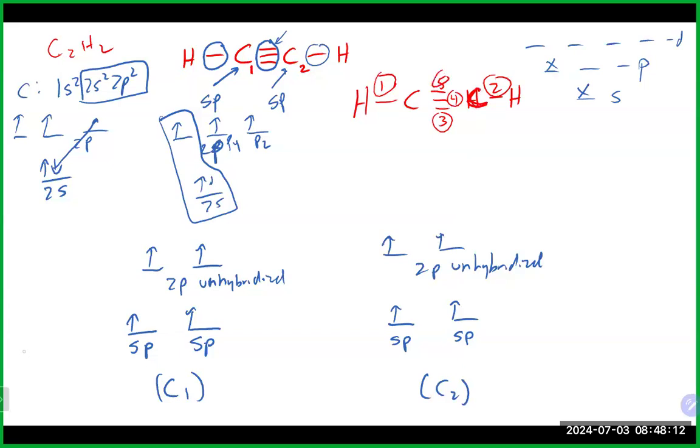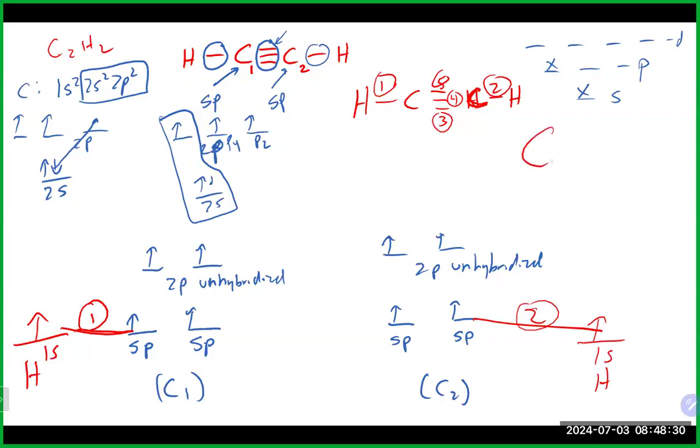We will see a hydrogen 1s orbital making a bond right there for number 1. We will also have a hydrogen 1s orbital making a bond right there for our second. Now, what is left is our triple bond between the carbons, and that's 3, 4, and 5.